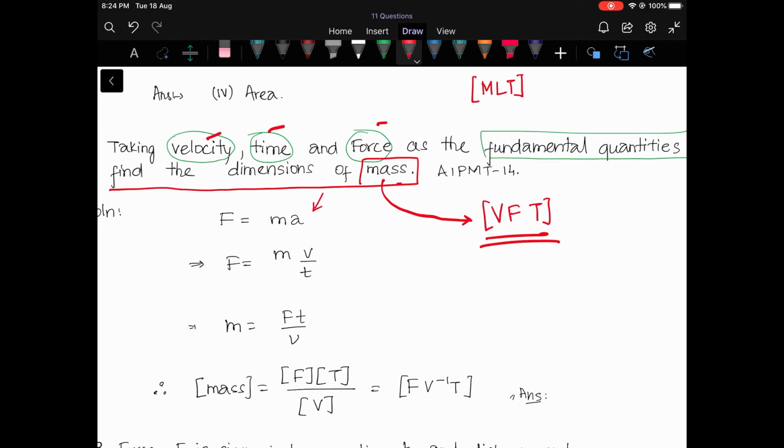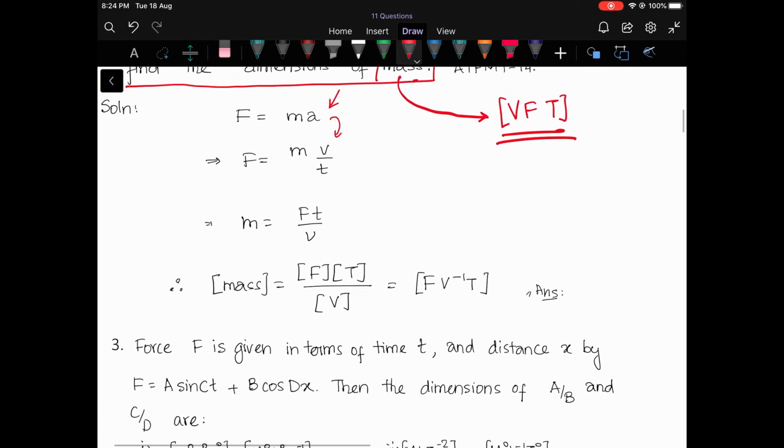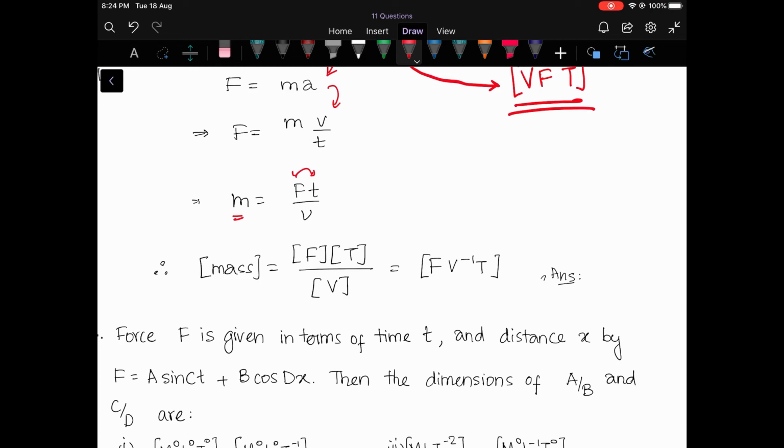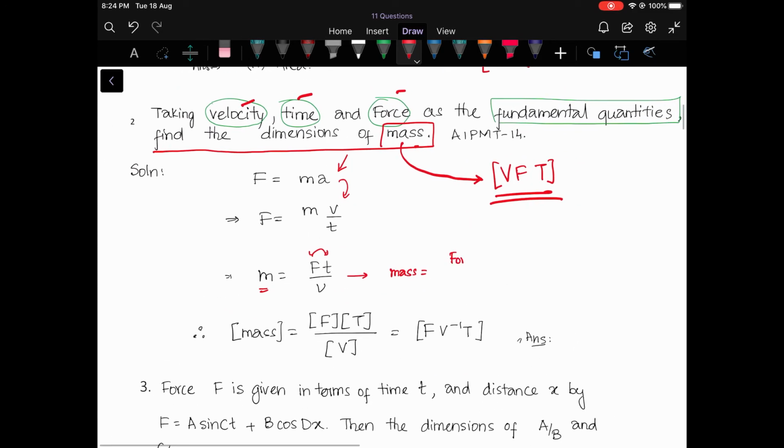From here, acceleration is defined as velocity by time, or actually change of velocity by time. And from here you can see we can write mass is equal to force times time by velocity. So now we have a formula to calculate mass in terms of these fundamental quantities that have been given in the question as force, time and then velocity.